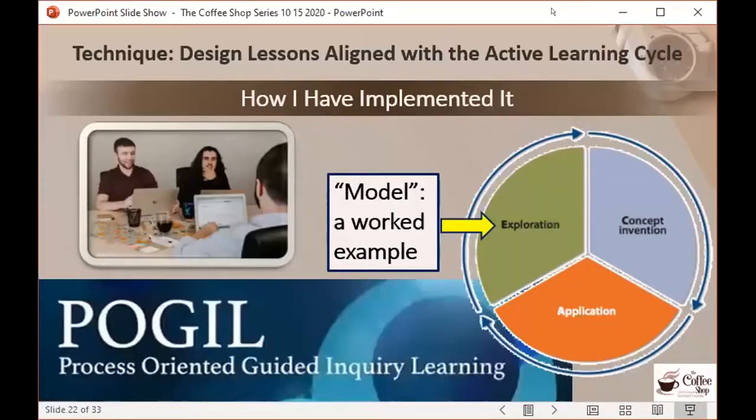In particular, in my astronomy class, one of the things that I replaced with a POGIL type exercise was a part of my astronomy course where I'm trying to teach students that when they're looking at where to place a telescope, whether to build it on the ground at sea level or whether they should build a telescope in space, one of the main goals is to think about where you can see different kinds of light.